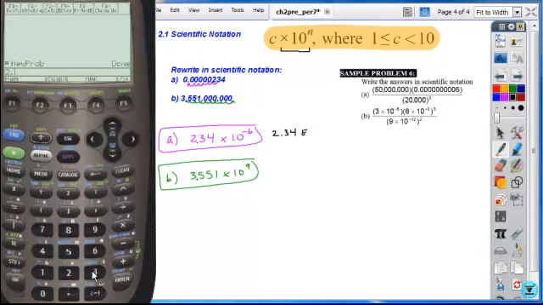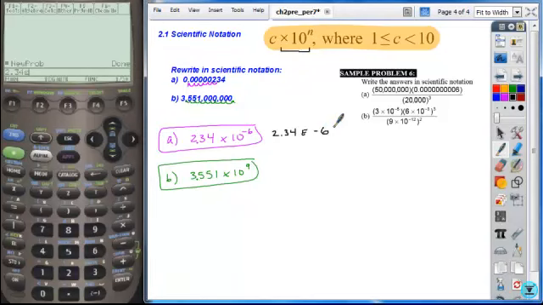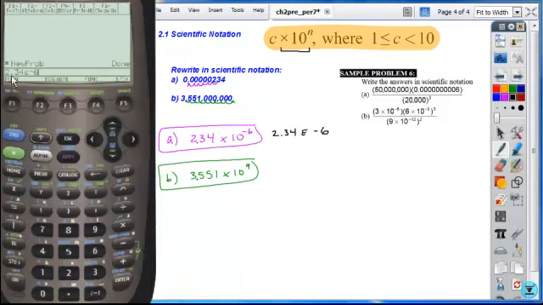The EE button results in a display of just a single E. It's the scientific exponential format. Then you type in the power, so you get 2.34 e to the minus 6.